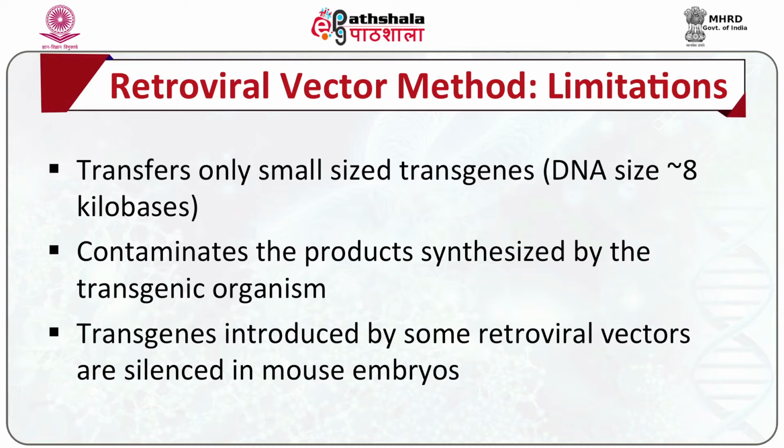Consequently, it contaminates the product synthesized by the transgenic organism. This has serious limitations if the transgenic organism is to be used as food. In addition, transgene introduced by some retroviral vectors are silenced in the mouse embryos.